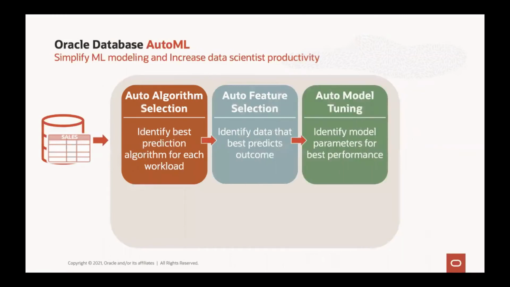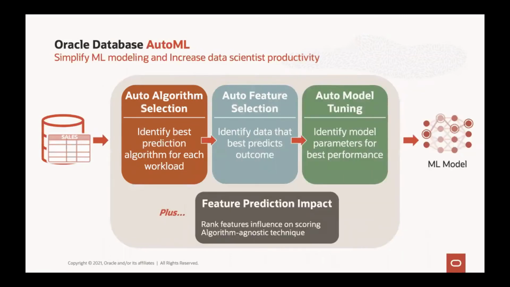For example, if you don't have any experience with machine learning and you don't know where to start from, you can use AutoML. This is the easiest starting point for using machine learning with Oracle database. AutoML is automatic machine learning.